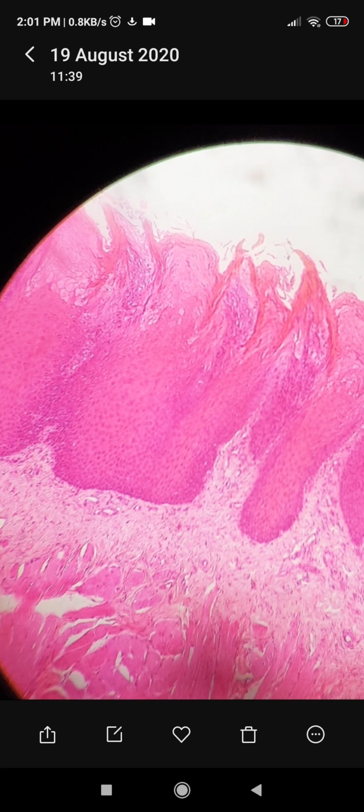Now this is partially keratinized epithelium, stratified squamous partially keratinized epithelium. And then the lamina propria. In lamina propria you can see the connective tissue, the blood vessels, some of the nerves, and lymphatics are present here.